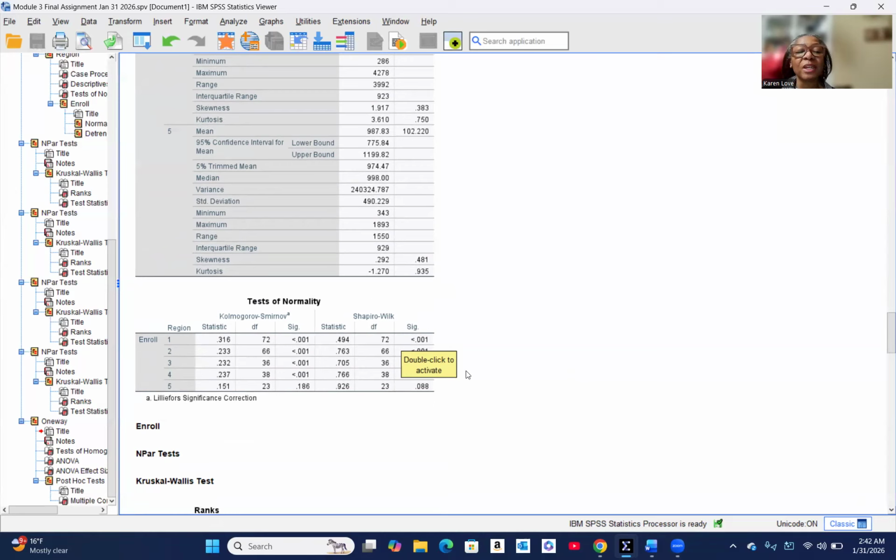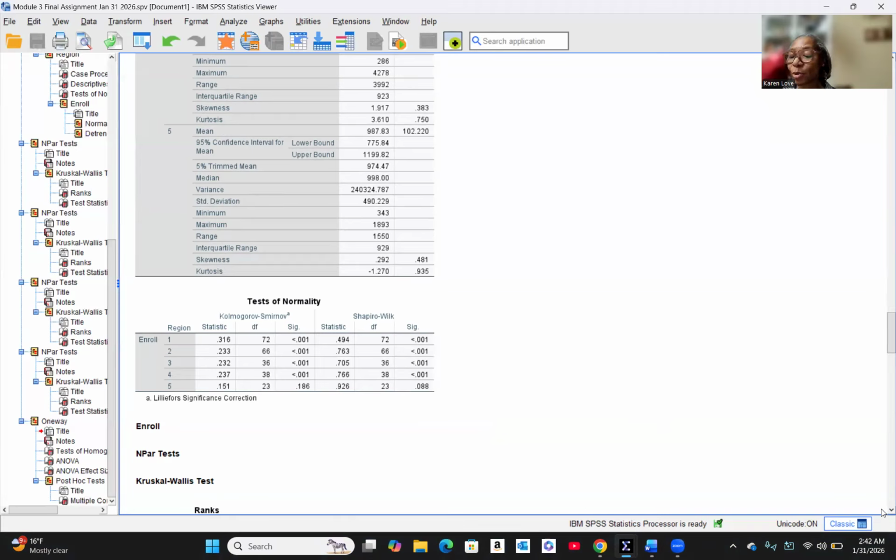We also see the sig for region 2 at less than 0.001, but we see the sig in region 5 at 0.088. So regions 1 and 2 confirm the histogram's non-normal distribution. And when we look at region 5, that sig of 0.088 confirms that it is normally distributed.